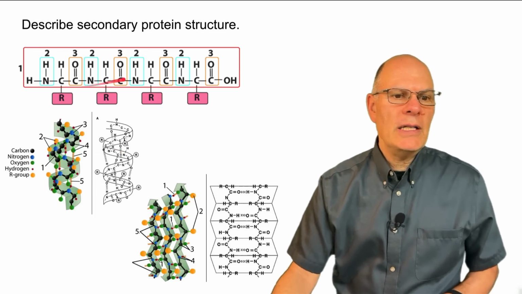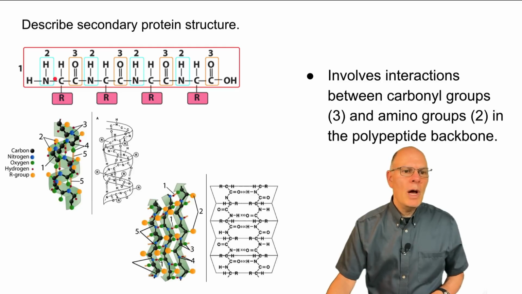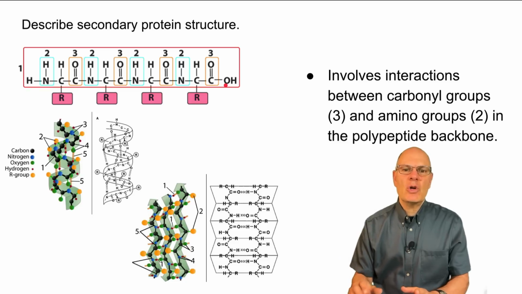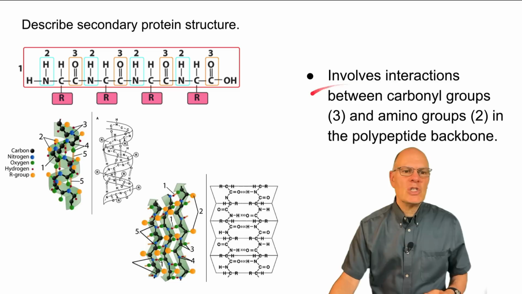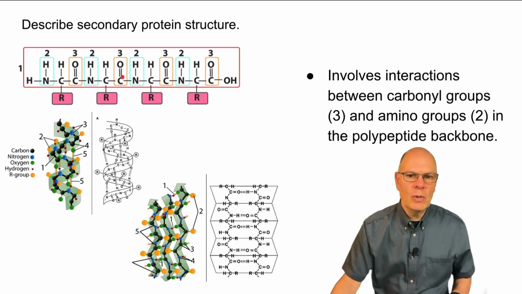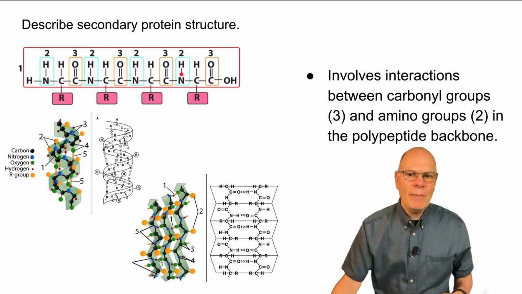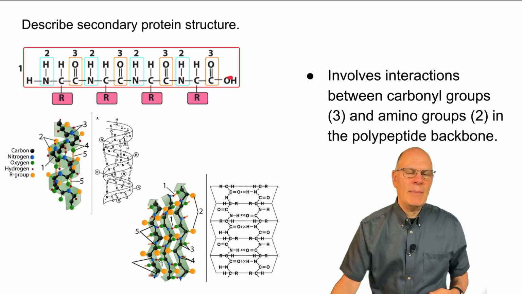Well, here you have a nice diagram that shows you what that polypeptide backbone is. And the secondary structure emerges as interactions between the carbonyl groups over here and the amino or amine groups over here within the polypeptide backbone.